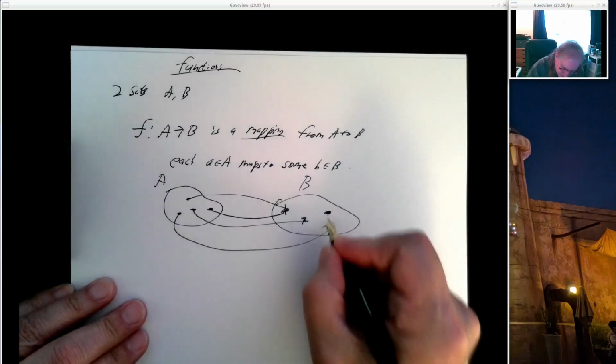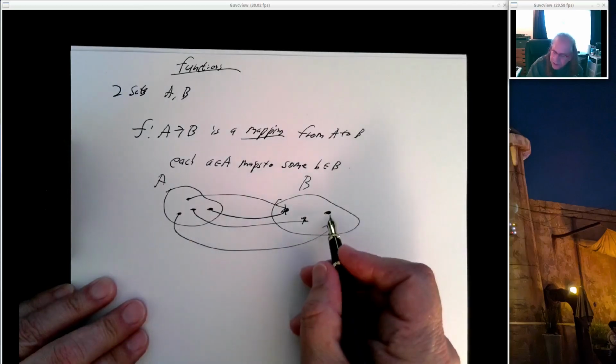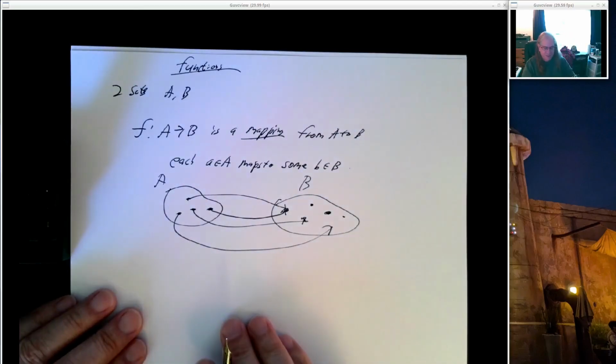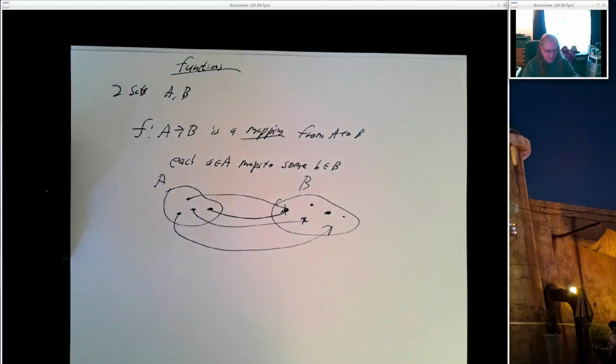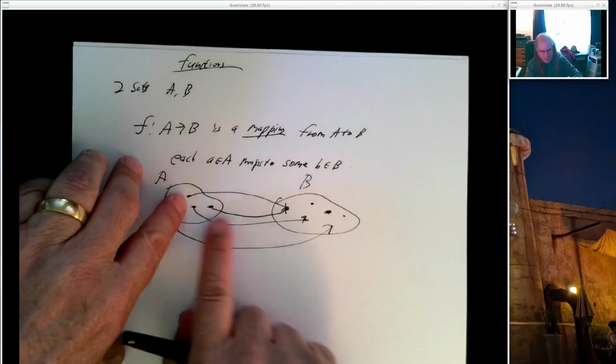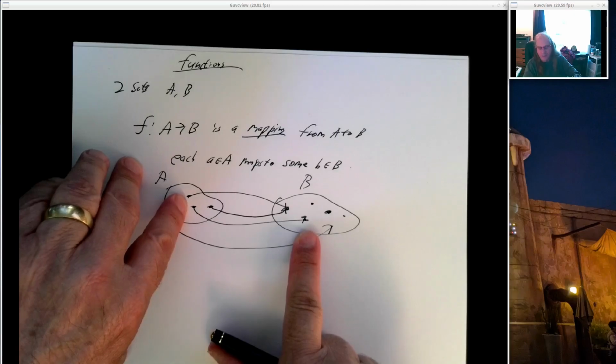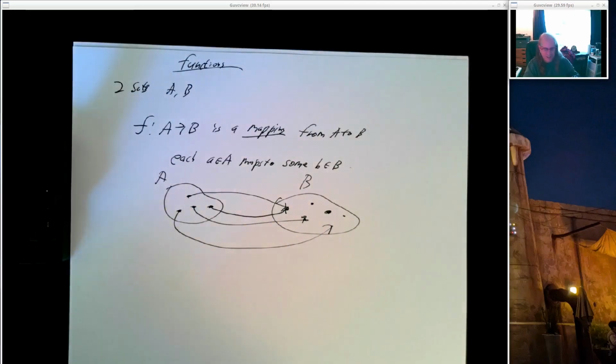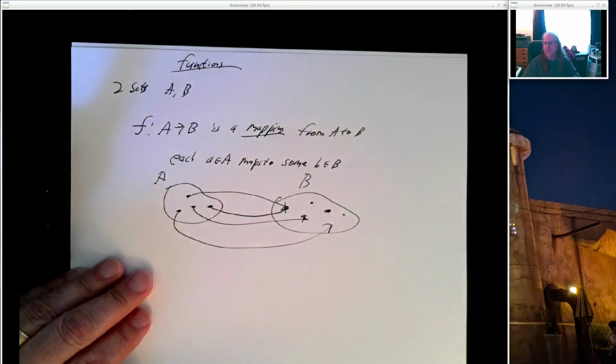And it's possible that there's some elements here with nothing going to them. Those are all valid functions. The only time it's not a function is if this element went to more than one element over in B. That fails what we call the vertical line test. It's not a function, it's not well defined.